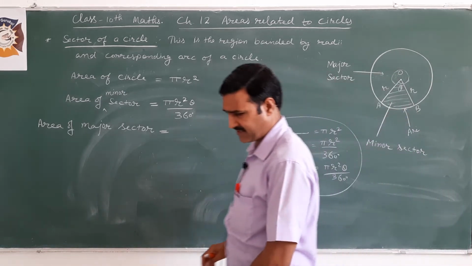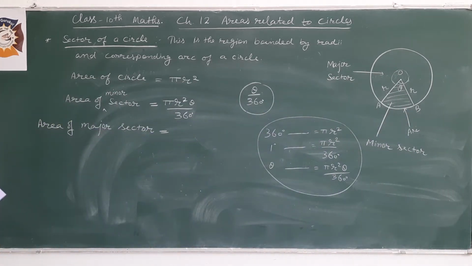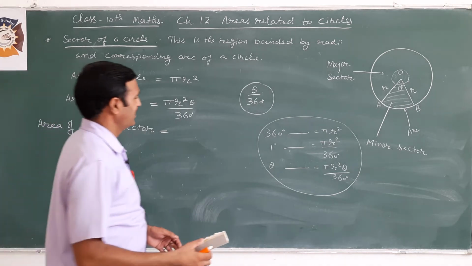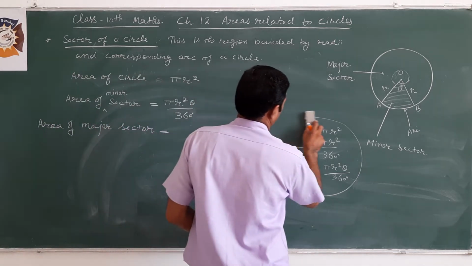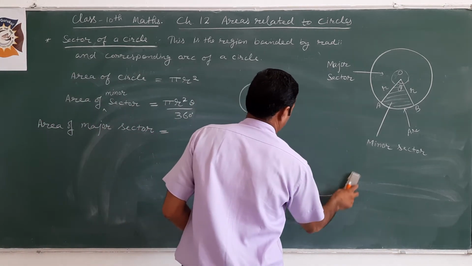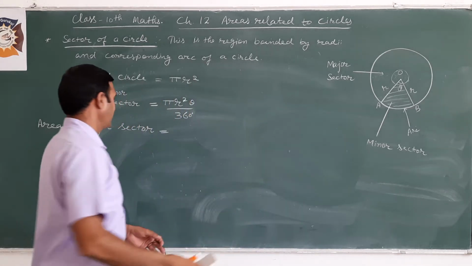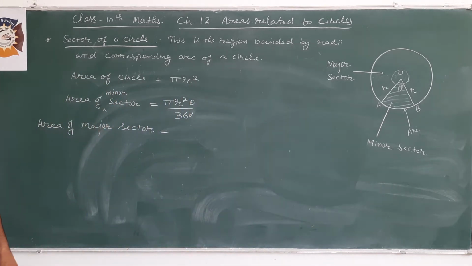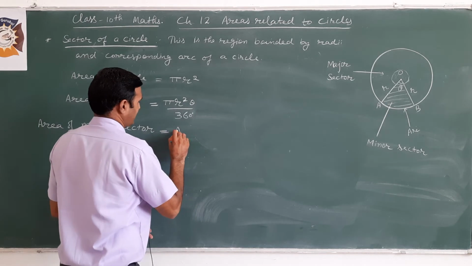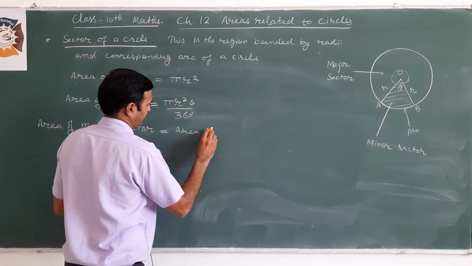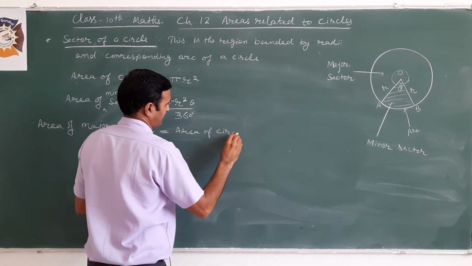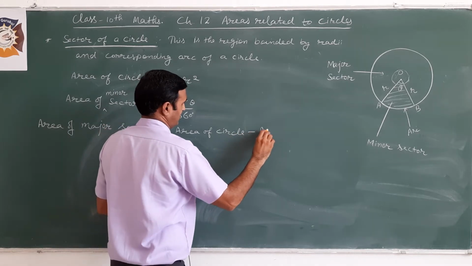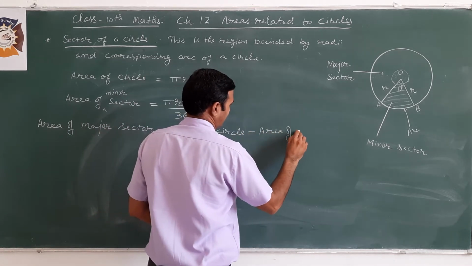So I'll subtract this area of minor sector from the area of circle. So area of major sector is area of circle minus area of minor sector.